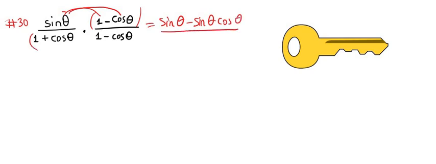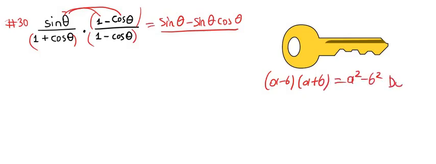Here we're going to do the same. This is a difference of two squares because we know that a minus b times a plus b gives us a squared minus b squared. So the square of the first one is 1, minus the square of the second one, 1 minus cosine squared theta.